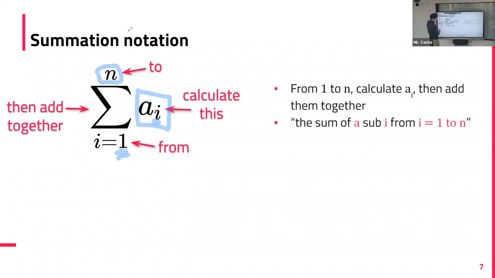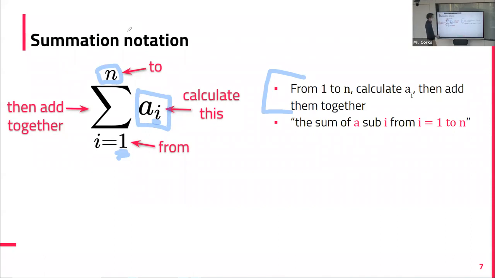Some examples here. This is just what this means, written out in words. If we were to read this out loud, it would be the sum of a_i from i equals 1 to n, which is kind of a formal, English way of reading that.